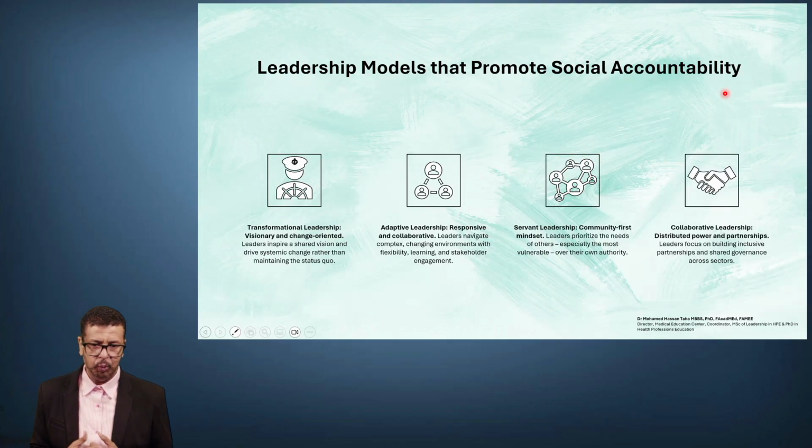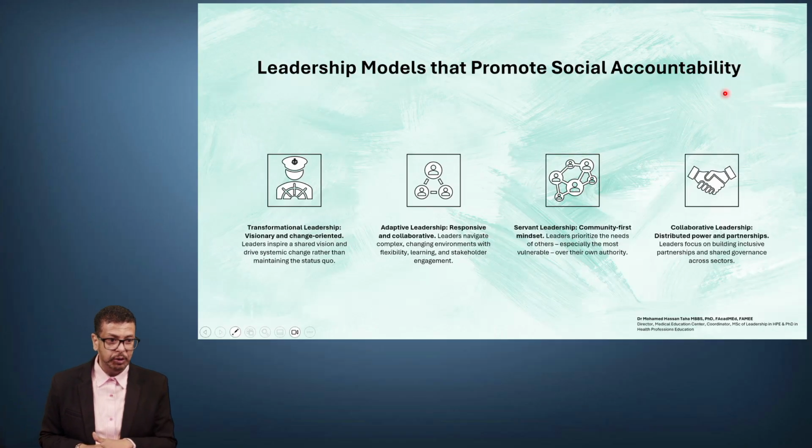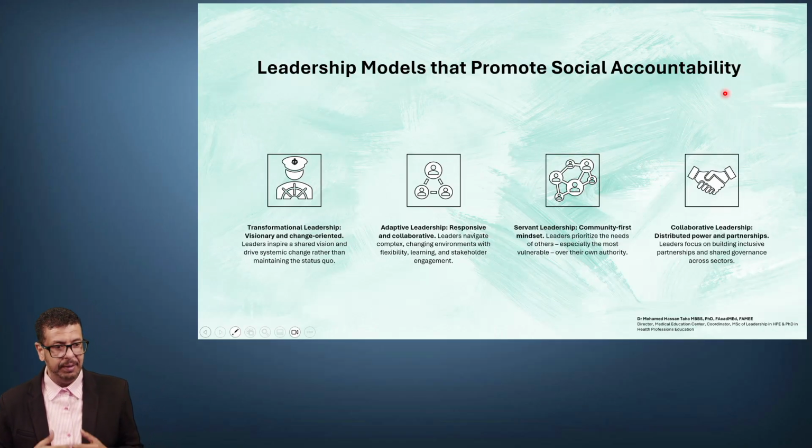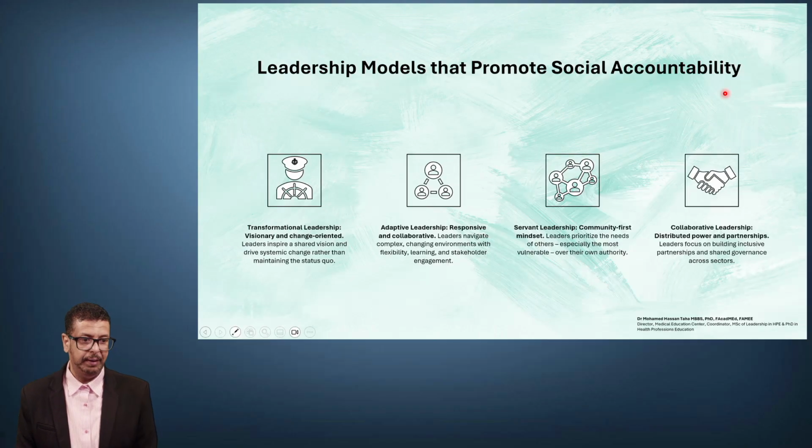We also need leaders with a servant leadership style, and they need to have a community-first mindset. Leaders here should prioritize the needs of others, especially the most vulnerable communities, the students from underserved populations, and so on, over their own authority as leaders.